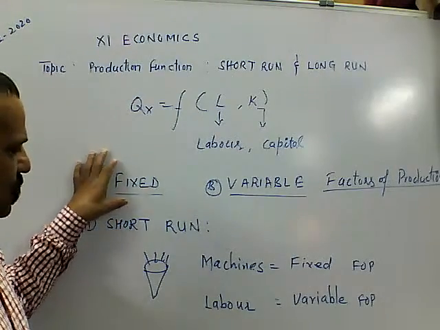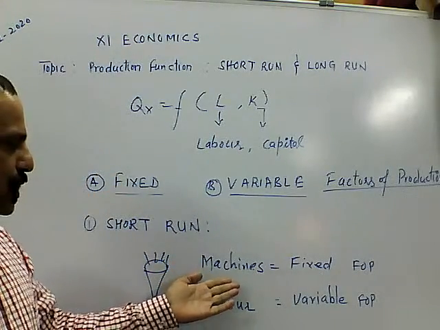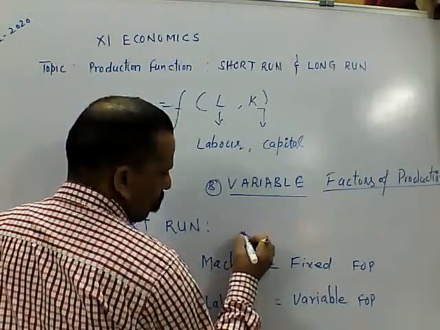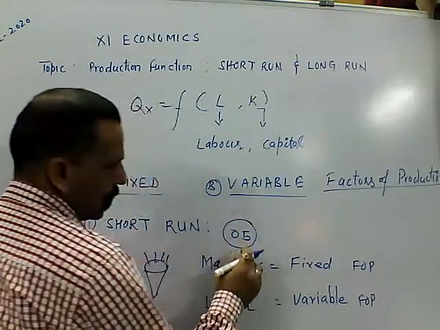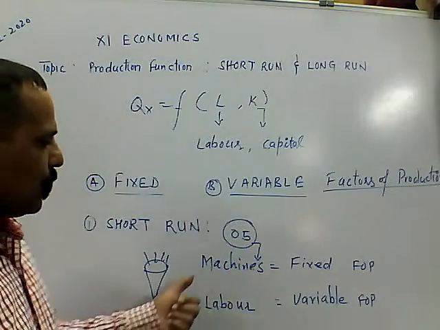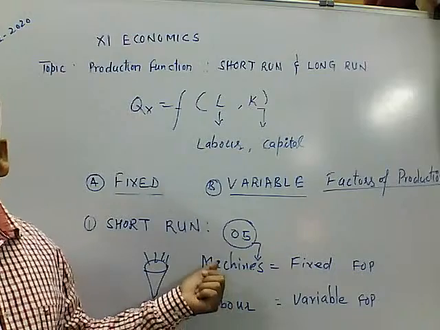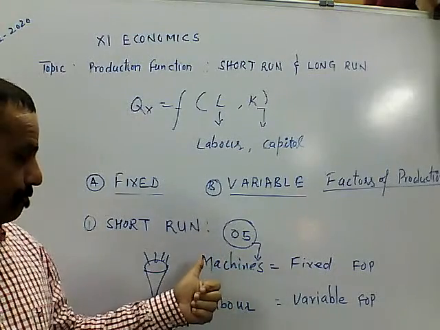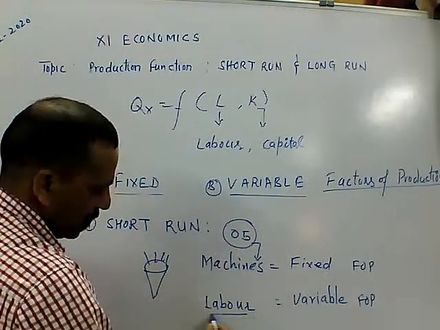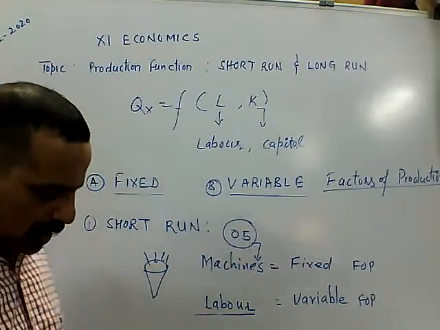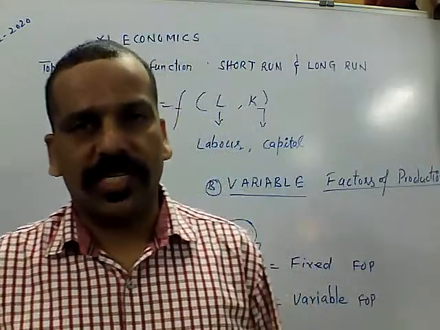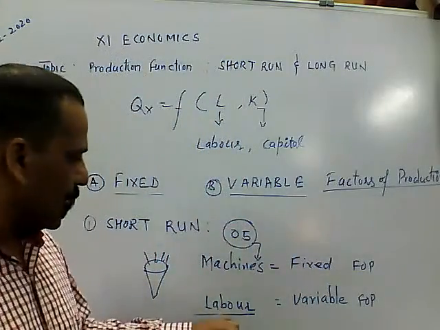See, a change in the fixed factor of production, meaning machines, is not possible. Let's say you have 5 machines. You cannot change the number of machines in the shorter period of time, but you can change the variable factor of production, which is labor. Generally we talk about casual labor only, daily wage workers, or raw material.